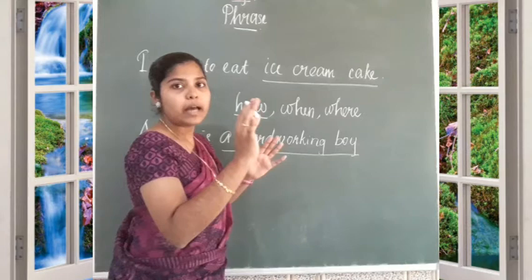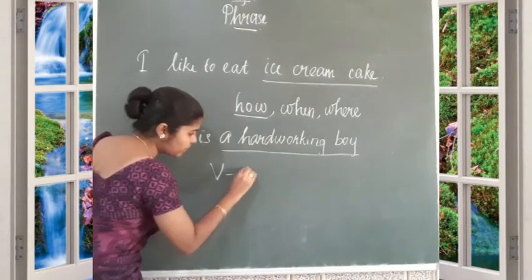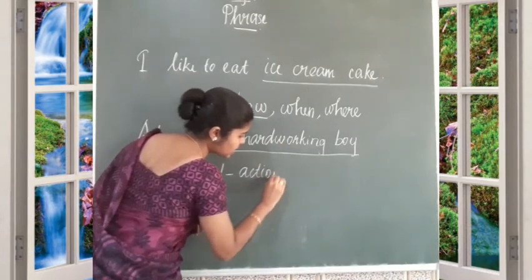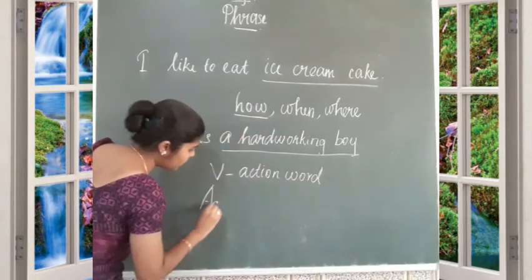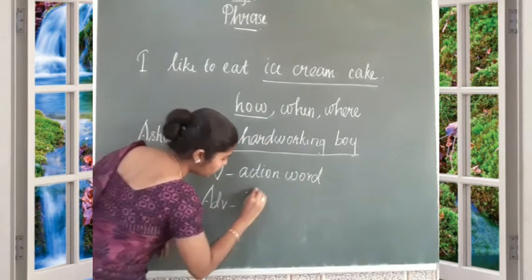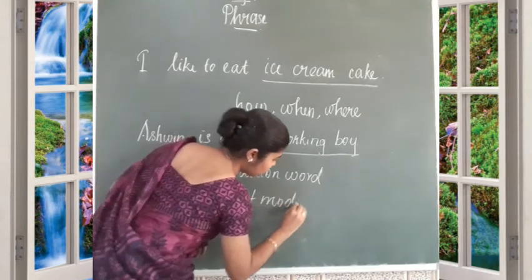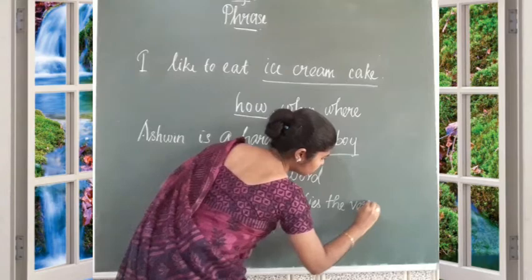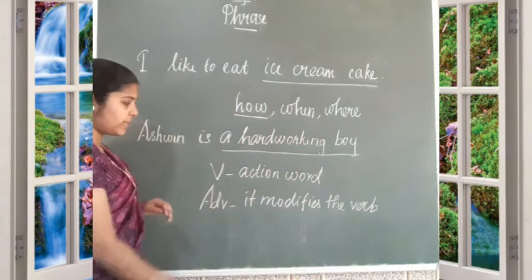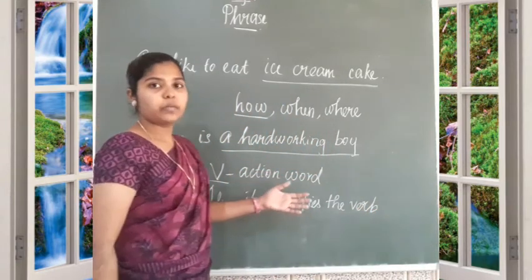A verb is an action word. Then an adverb modifies the verb. Is that clear, students? A verb is an action word.